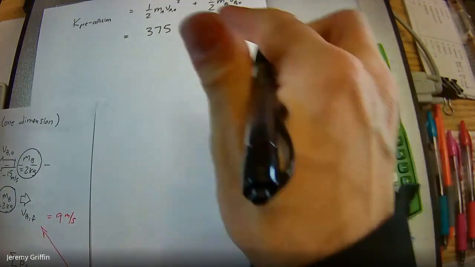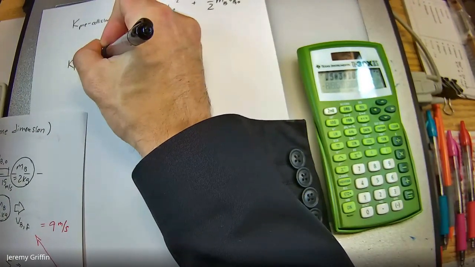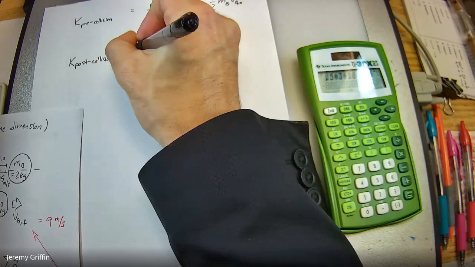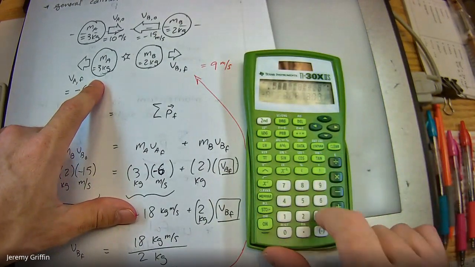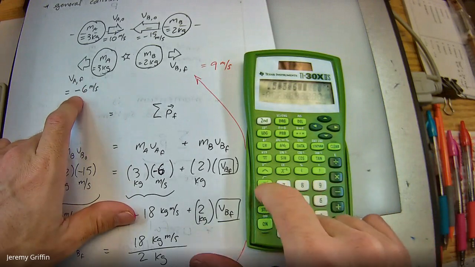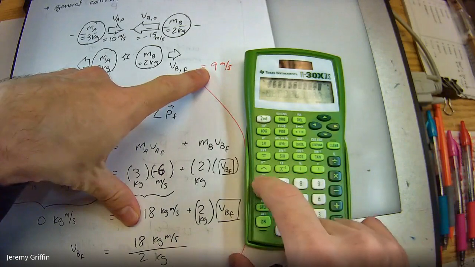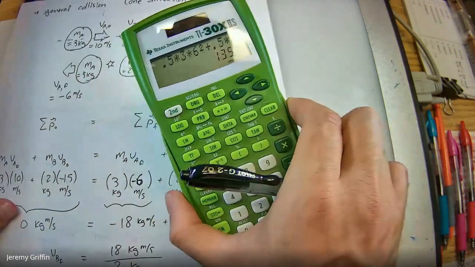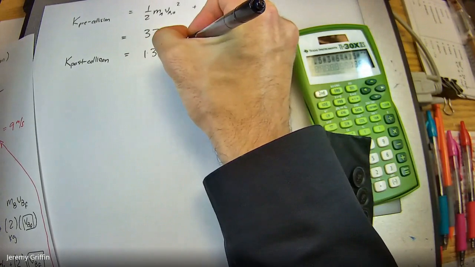Versus, what is the kinetic energy post-collision? Well, do the same thing right here. So 1/2 times m times 6 squared plus 1/2 times m times 9 squared. Looking at 135 joules.